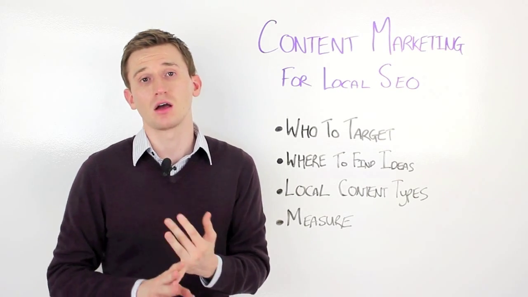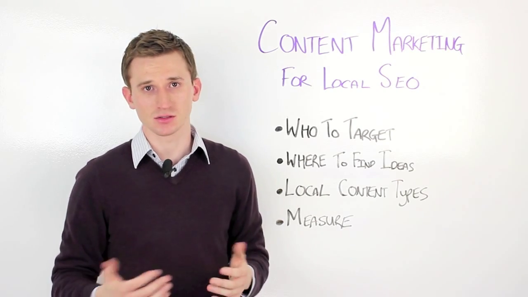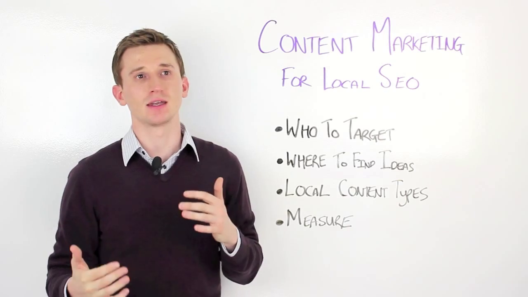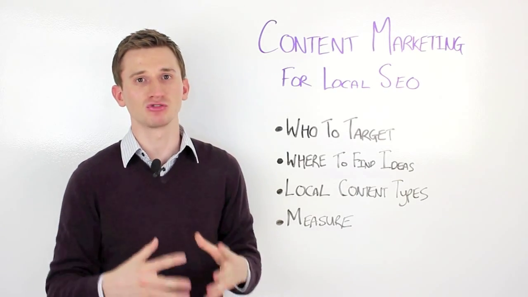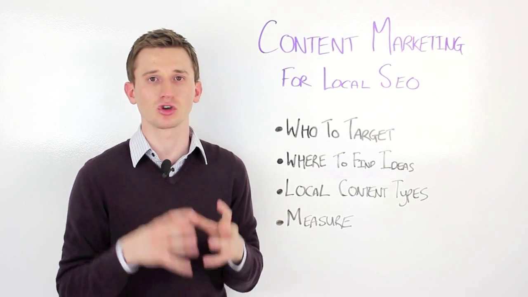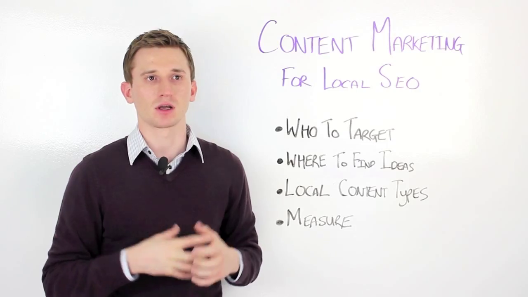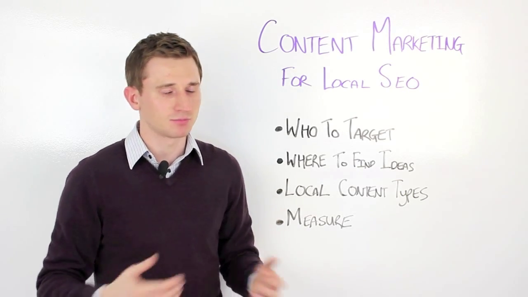Additional ideas for content marketing for local SEO could include running competitions. So you could run a localized competition whereby people could send in and comment again on Facebook, on Google+, because we want to be driving that traffic, we want to be driving those comments and that engagement on those profiles. We could look towards doing something like a local competition whereby they would mention what it is that they love about your local area.